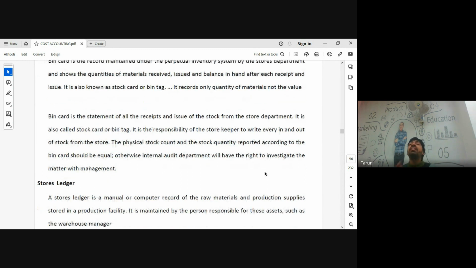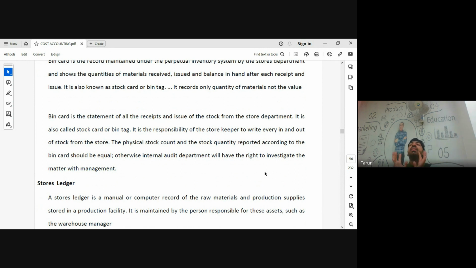And if any information is required by the management or the organization from the store department, the bookkeeper is the most responsible person to provide all the information to management and the organization team.